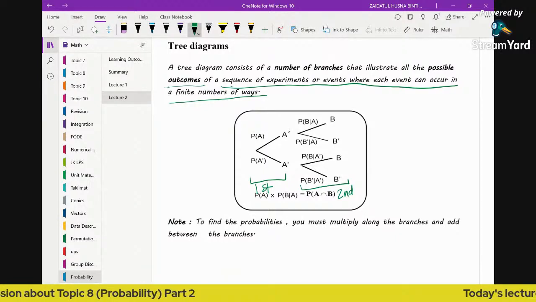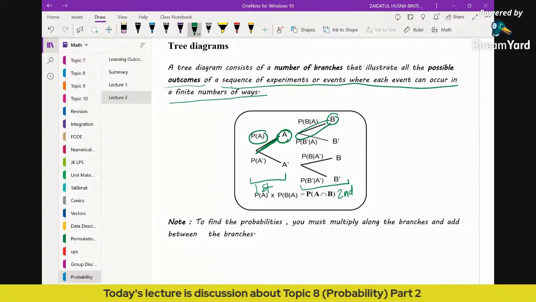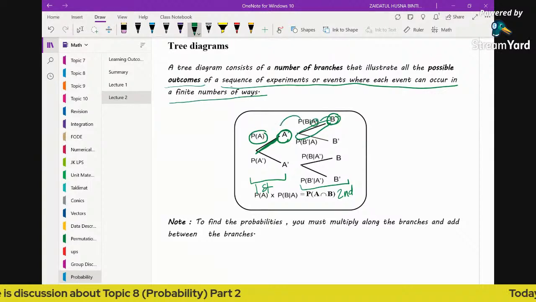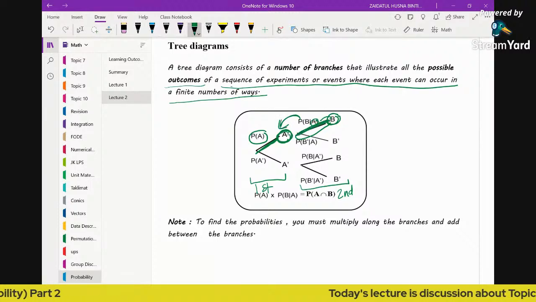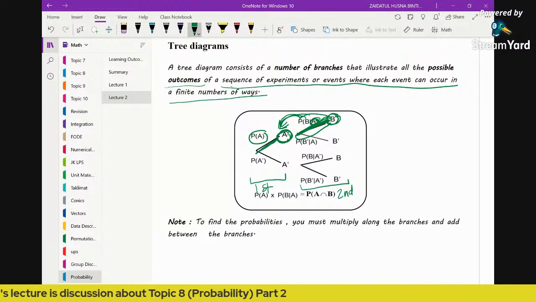So what does this tell you? So this branch tells you the probability of A happens. While this branch actually tells you probability of B happens provided that A has happened, because you see the previous branch here is A, right? So the value here is basically the probability of B happens provided that the A here has already happened. So this is what the branch tells you about.